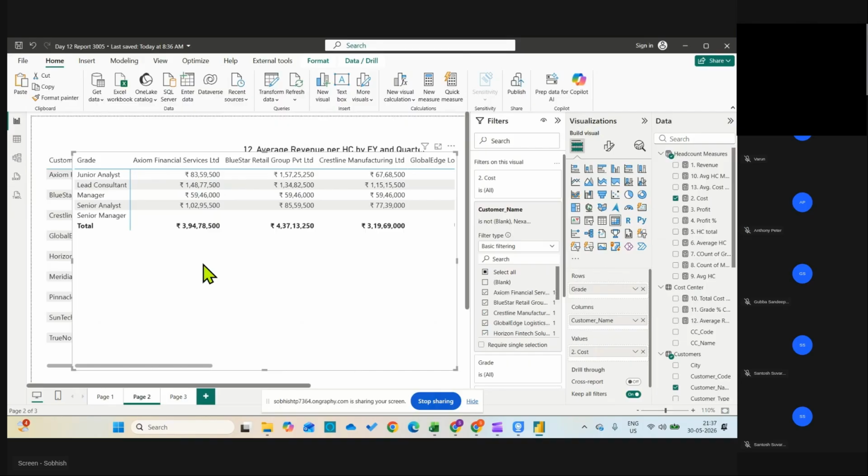So how do you help the stakeholders quickly understand the grade mix deployment? Instead of showing the cost, I want to see, for Axiom, what is the junior analyst cost to the overall cost for Axiom in terms of percentage? And then I can compare that with Blue Star. Now, how do I calculate 83,000 divided by 394?